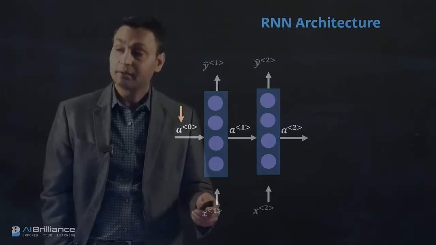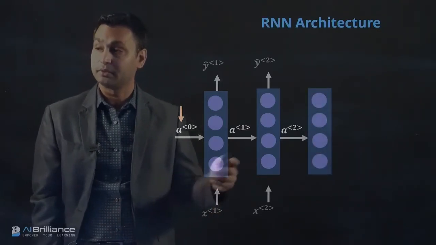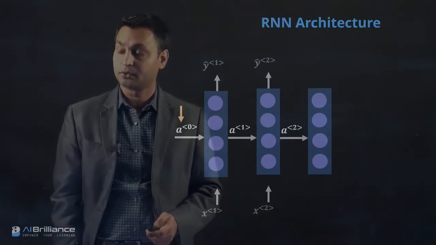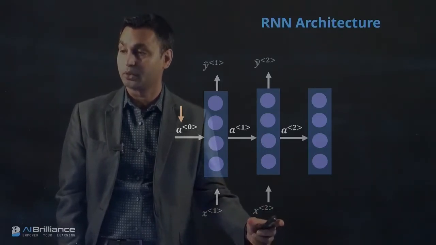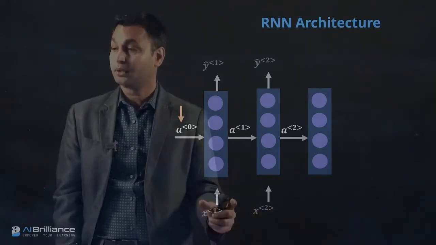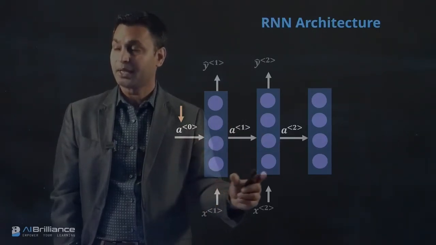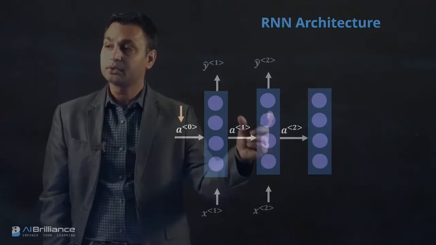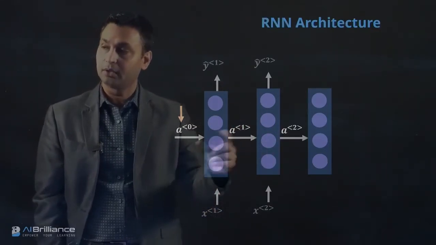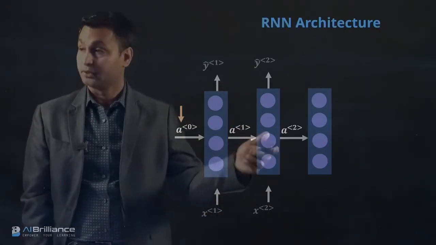This allows us to capture the sequence dependency, because what word is at x2 depends upon x1, and that is captured by the information passing through the A1 activation in this overall architecture.